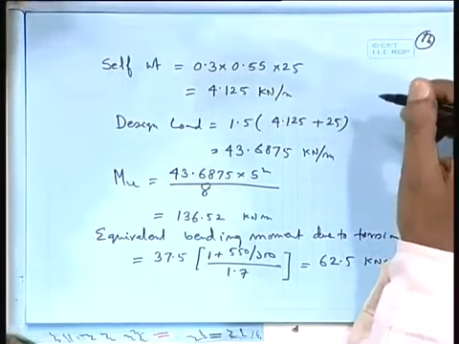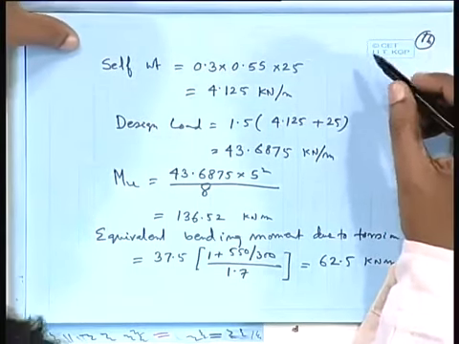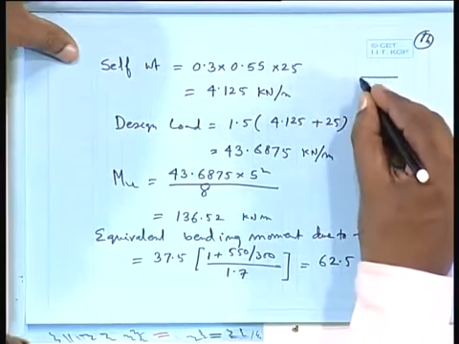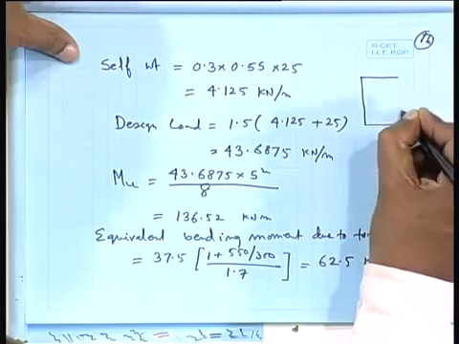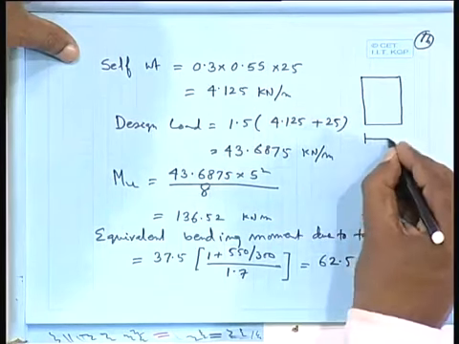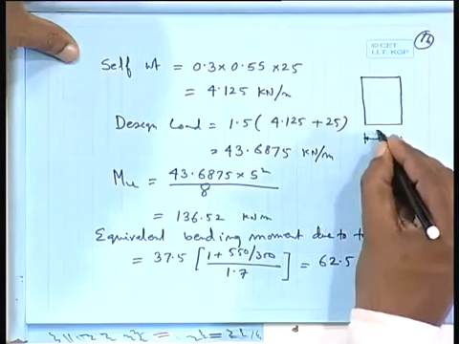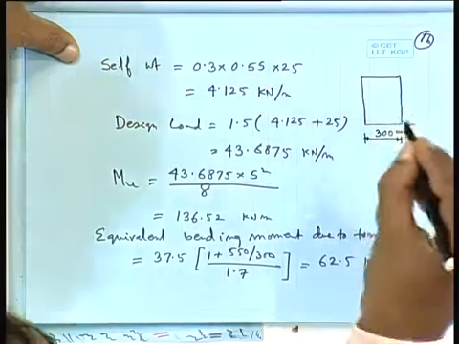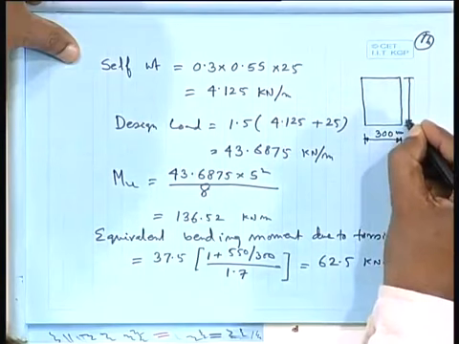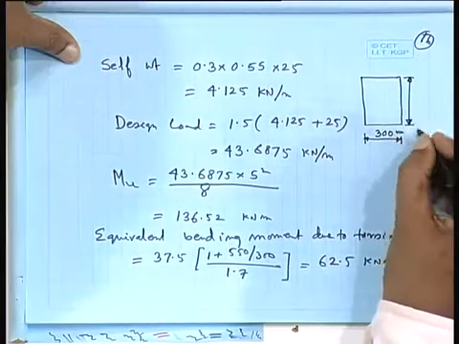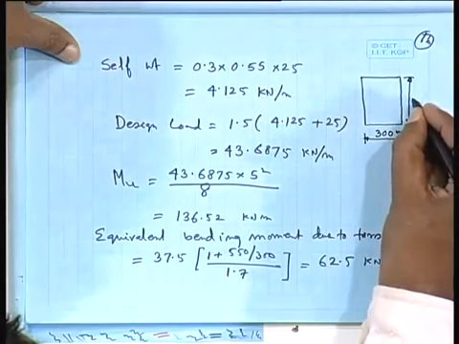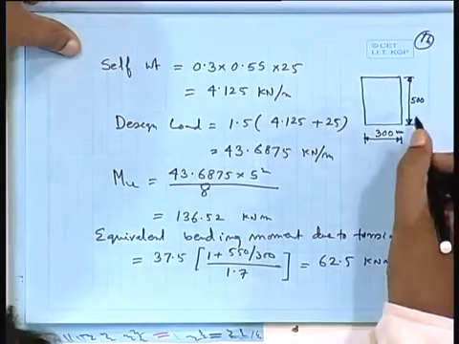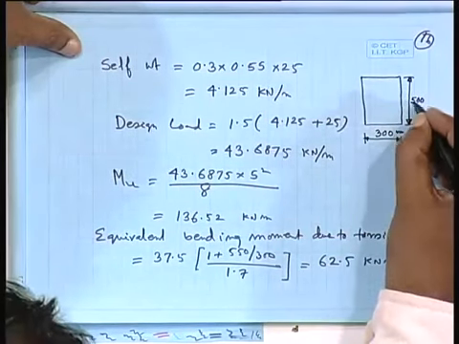After a few iterations, a few trials, we have come to the section that has a width of the beam of 300 millimeter and overall depth, I think not 500, 550 millimeter.